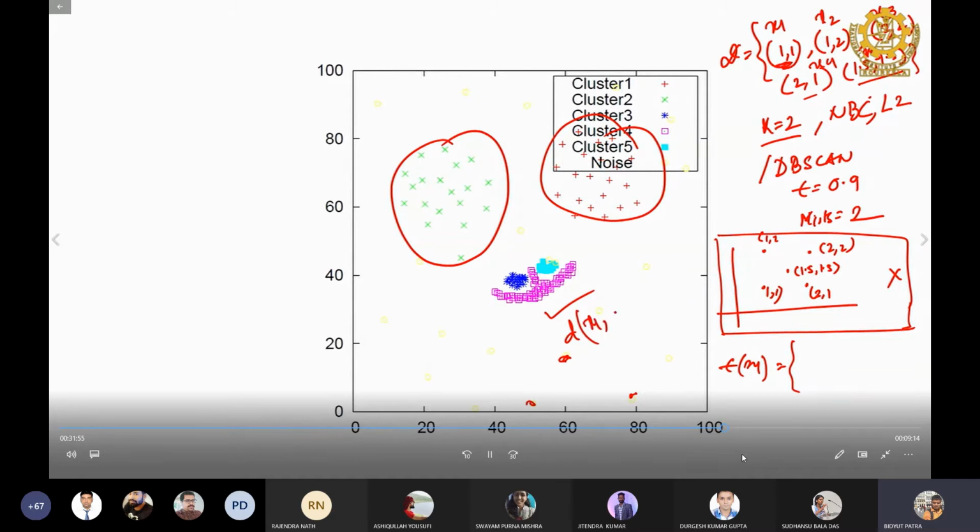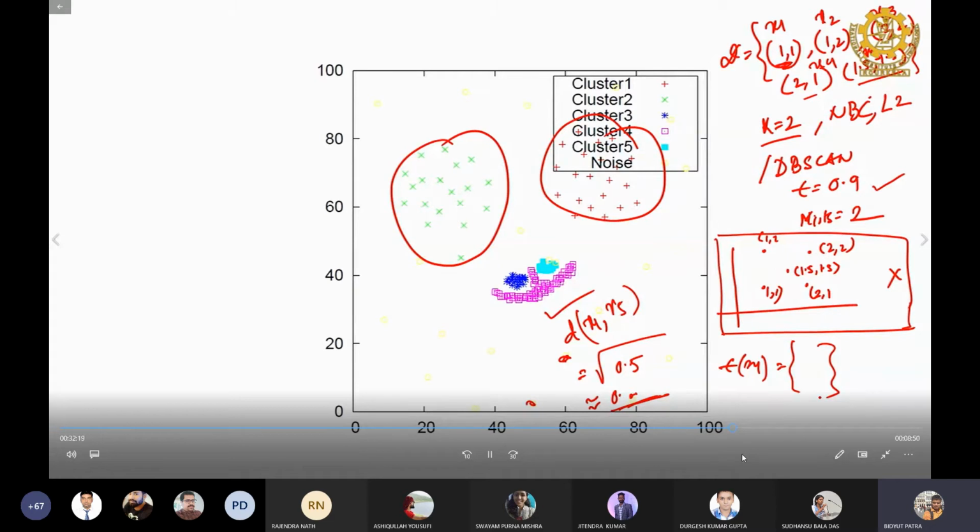The distance from x1 to x5 is the square root of 0.5, which is about 0.7. So obviously that is not going to be 9, right? Because this one is 0.9. So the epsilon neighborhood of x1 will be null.